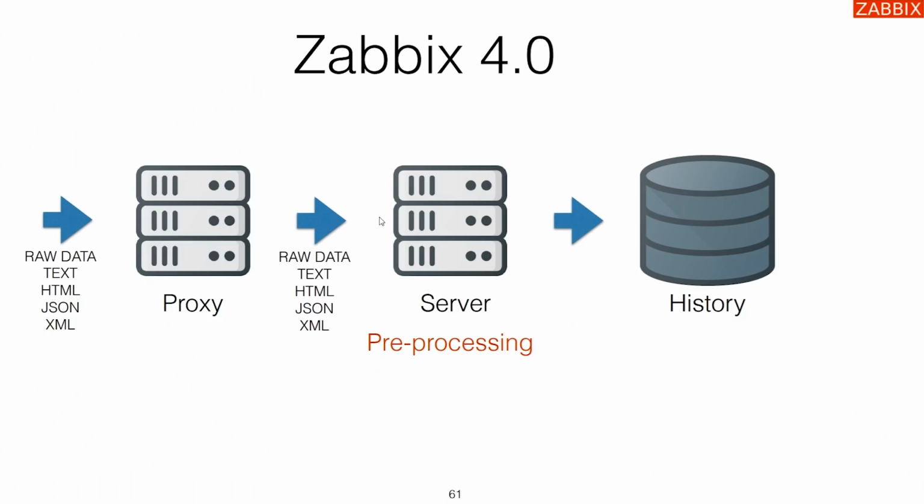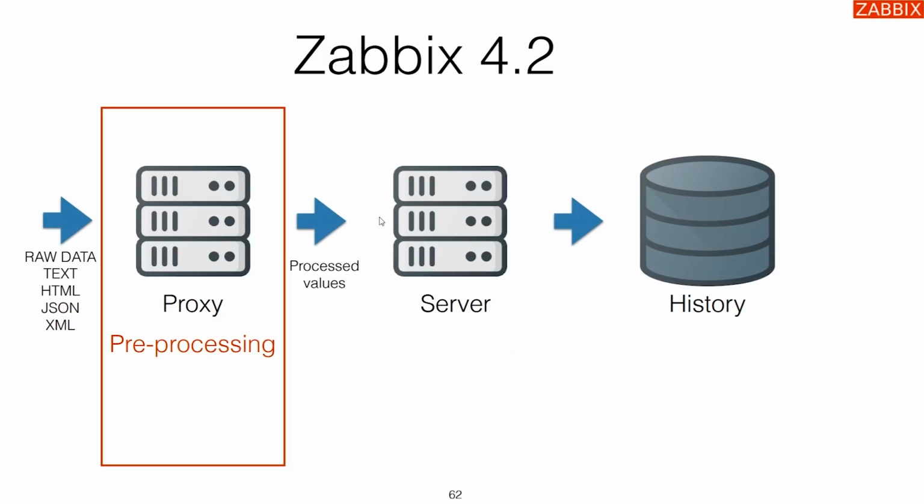It was indeed true until the release of 4.2. Before 4.2, all the preprocessing happened on the server side, which means the proxy was reporting a lot of unprocessed data. It could be just a bunch of text, a bunch of JSON, XML, anything passed to the server, and then the server must analyze all that data and do the preprocessing.